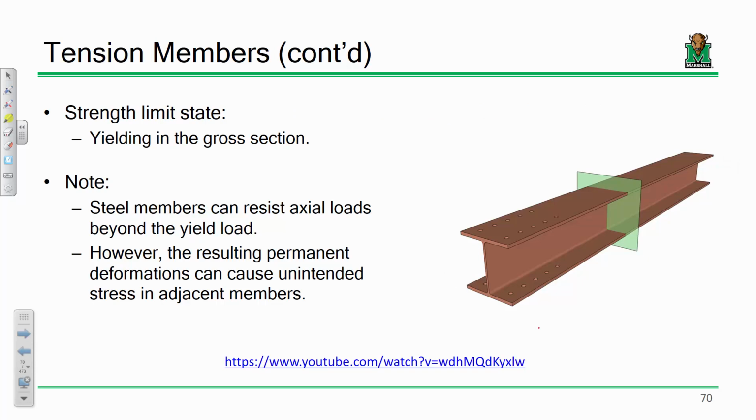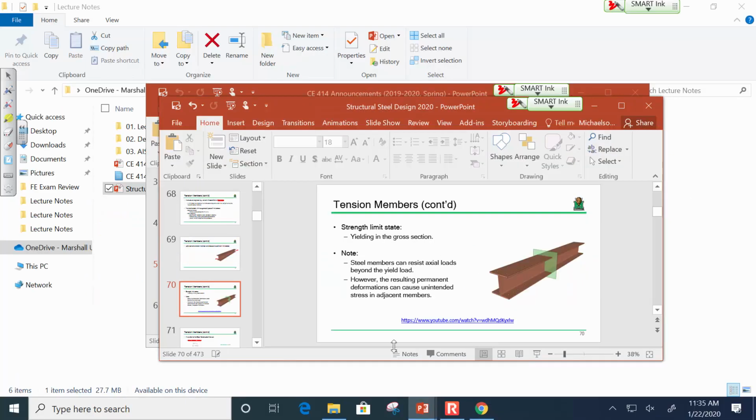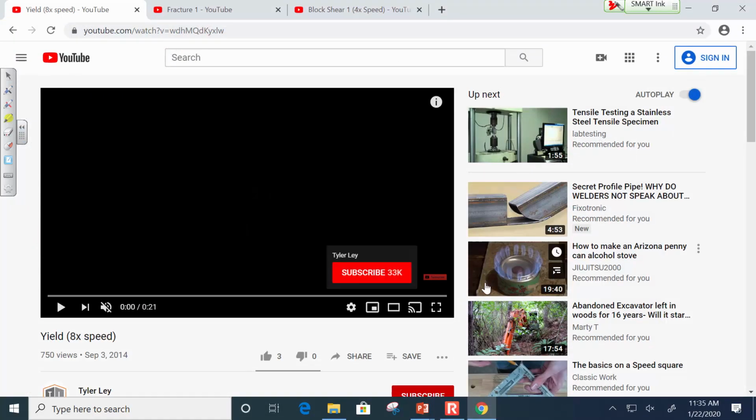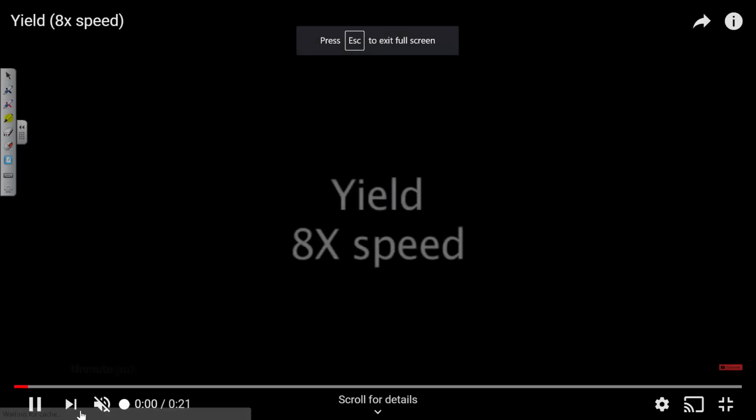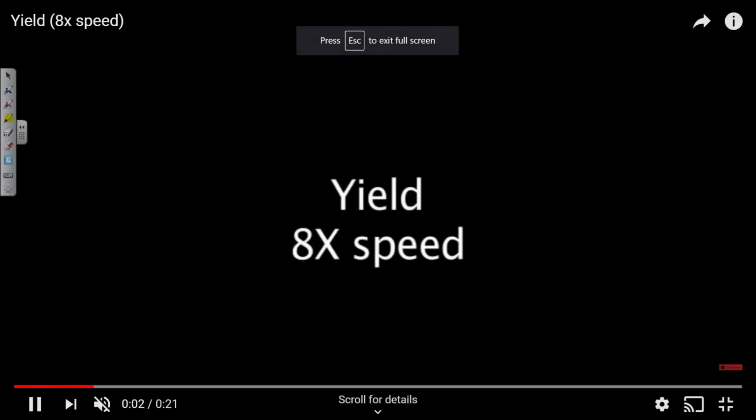Well, the first is yielding, and we call that yielding in the gross section. The gross section is just a fancy term for the main body of the member. It's a pretty boring thing to look at. It's basically just the member getting longer. I have here a video of a piece of steel being yanked on, and this is what it looks like when it yields.